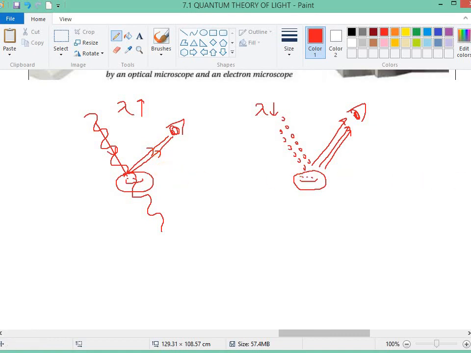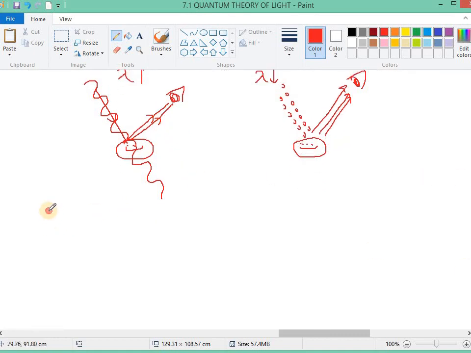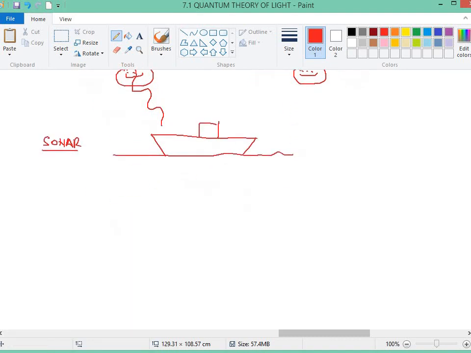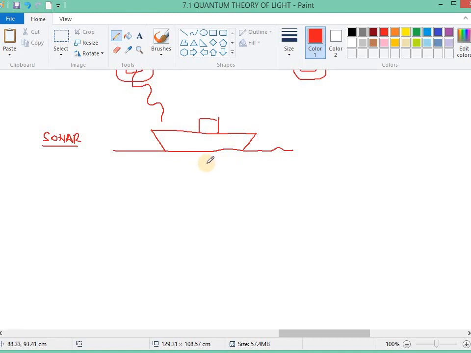Okay, so this is the same concept like in sonar. If you still remember, sonar is a device where the ship uses sound wave to look for object under the sea. So, for example, the ship wants to look for small fish.